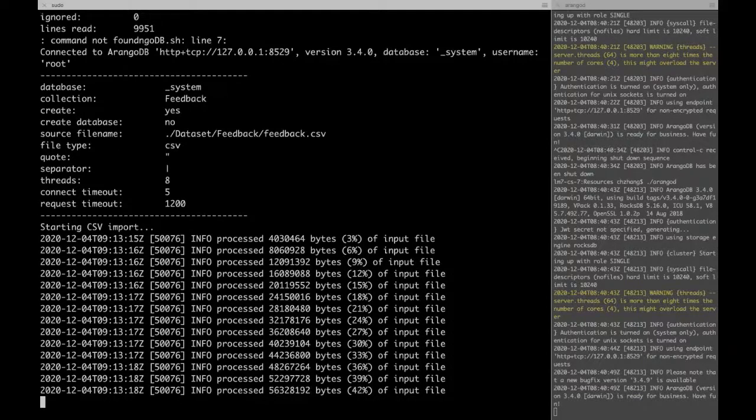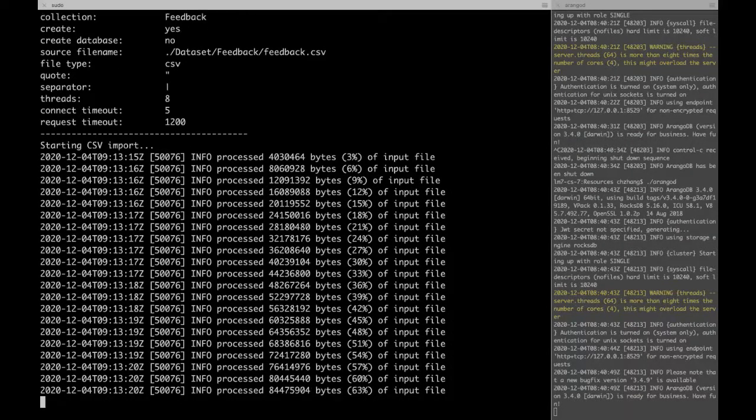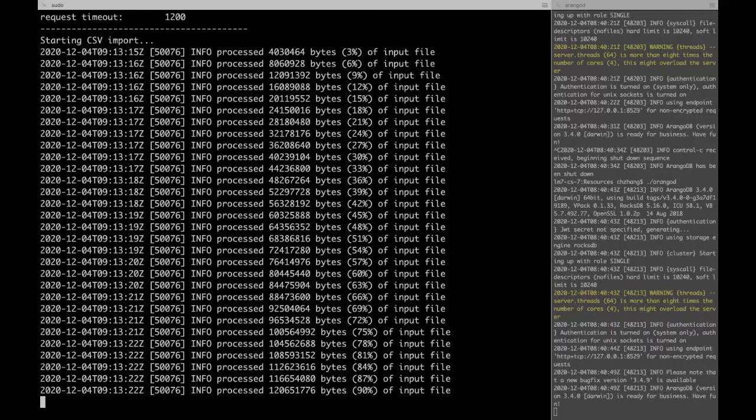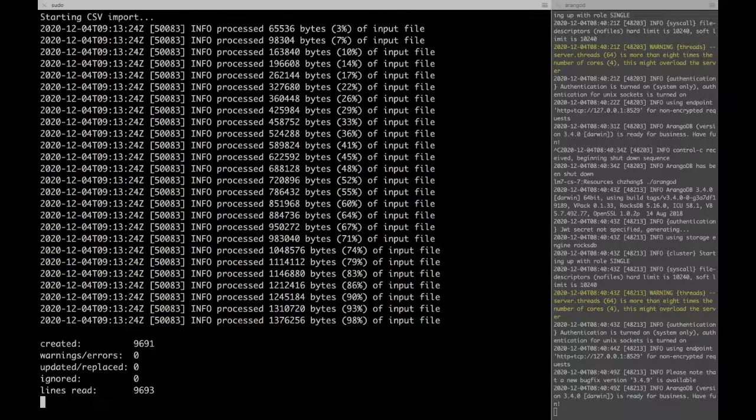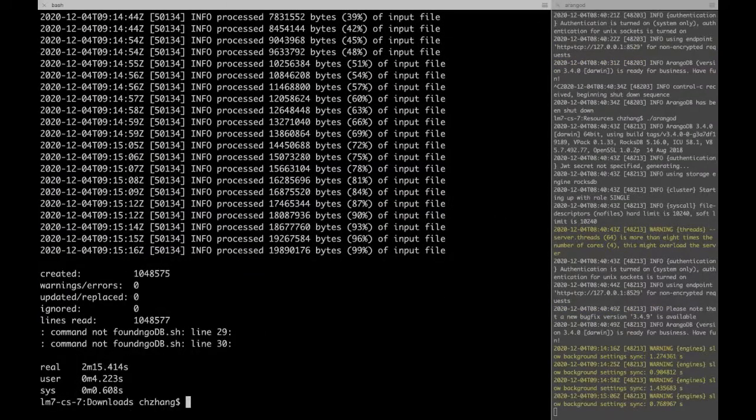And we use 8 threads to import the data in parallel. So the importing process took 2 minutes and 15 seconds. And all the data has been imported.